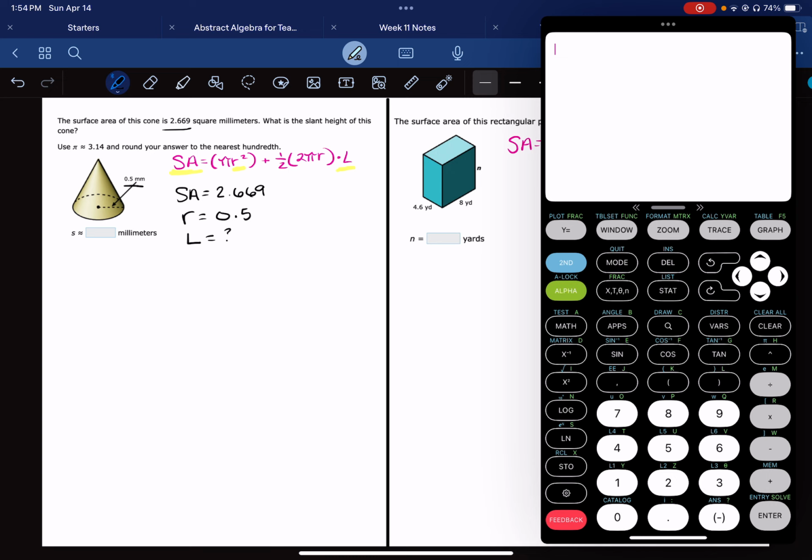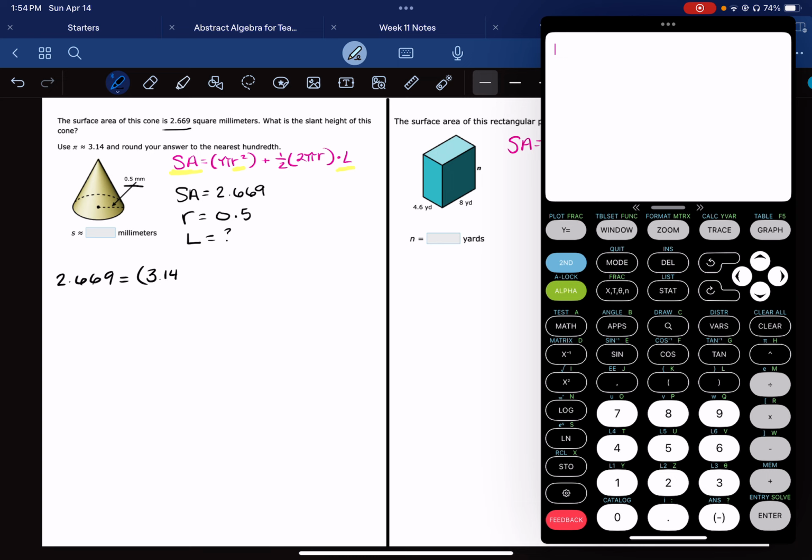Once we figure out what we know and what we don't know, then we can set up our equation with the formula, replacing the variables that we do know with their numbers. So let's go ahead and do that. In place of surface area, we're going to write 2.669 is equal to 3.14.